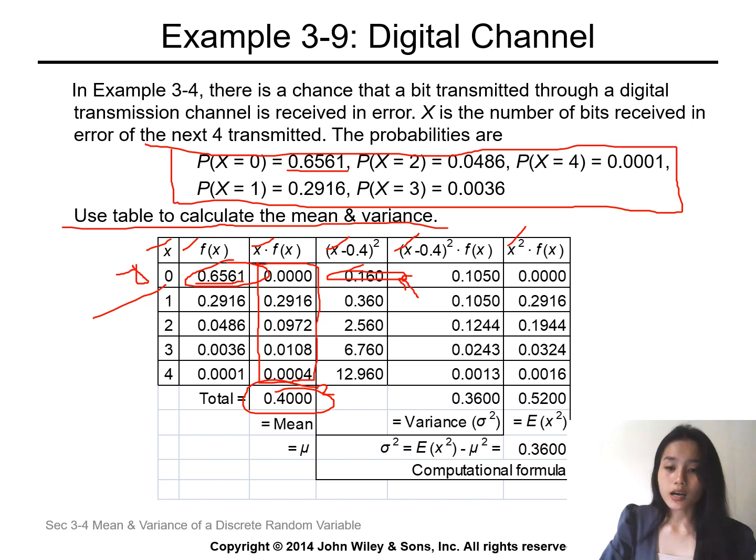And lastly, for the last column, x squared times f of x, 0 squared times f of x, and again we get 0.